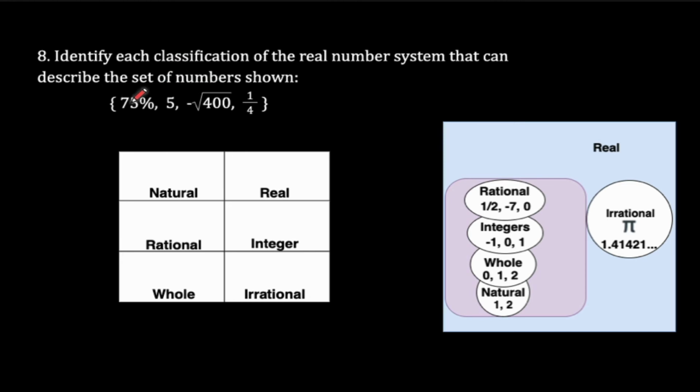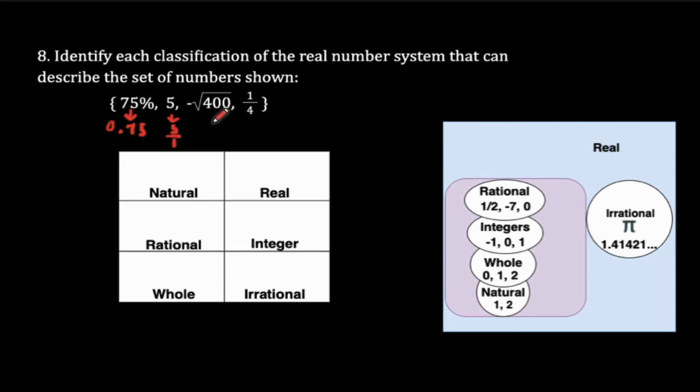So we have 75%, which when converted to a decimal is 0.75, which terminates. And then we have 5, which can also be written as a ratio, 5/1.